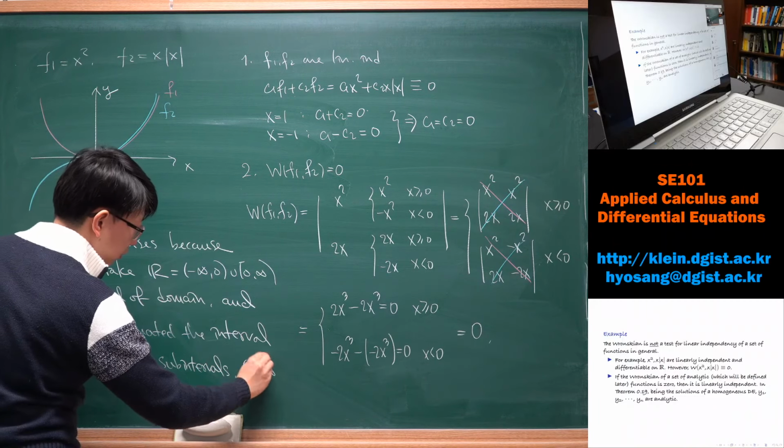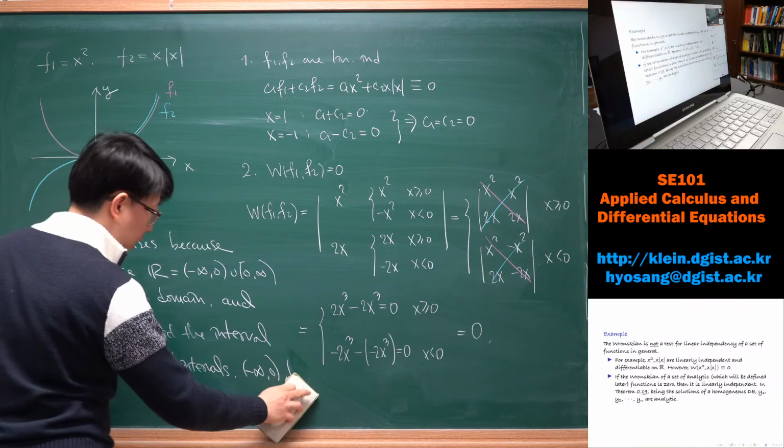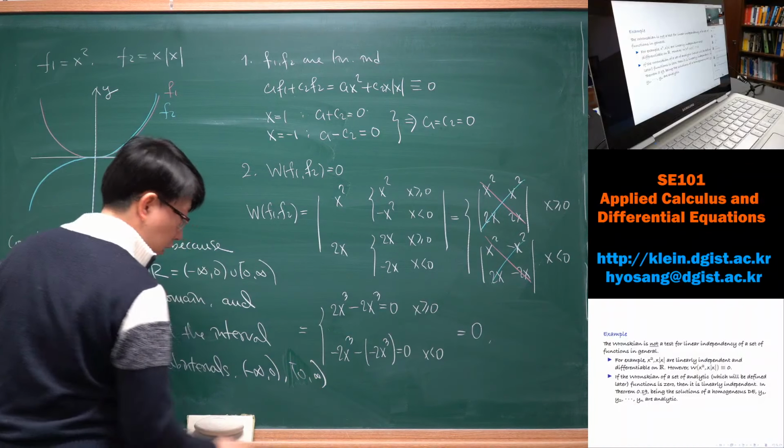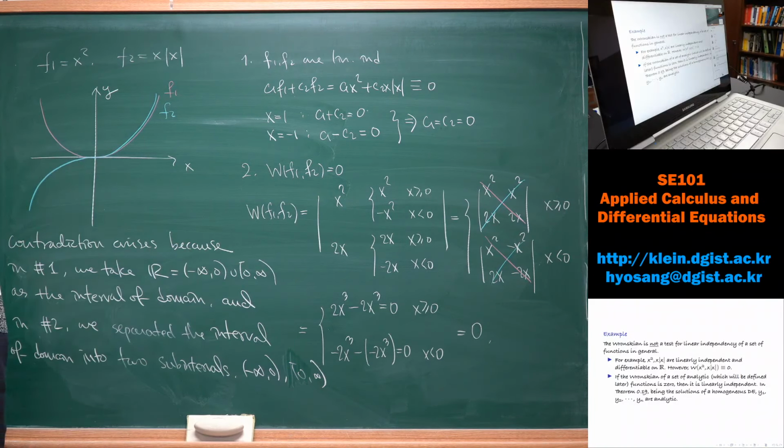One is negative and the other is positive. That's why we have a contradiction.